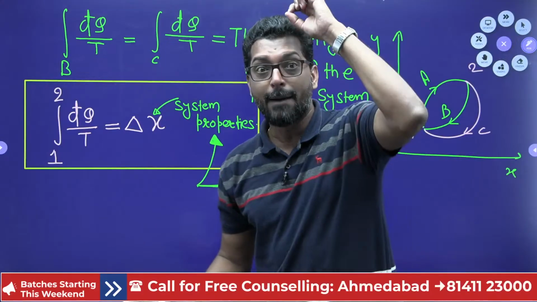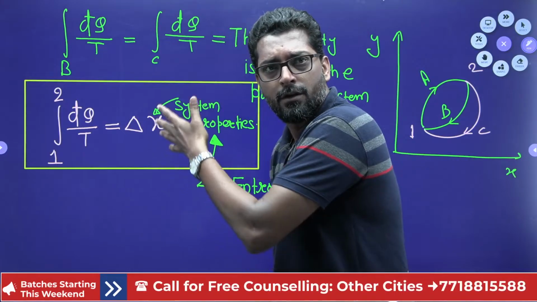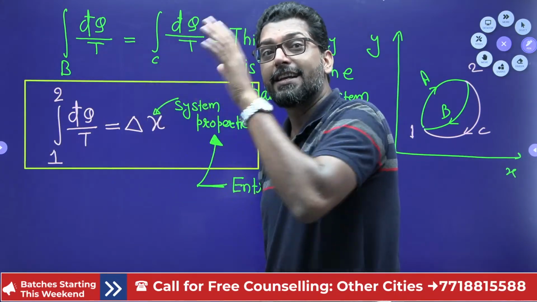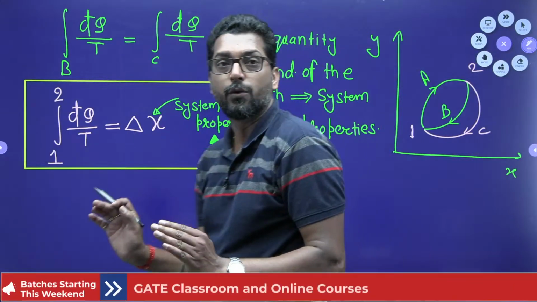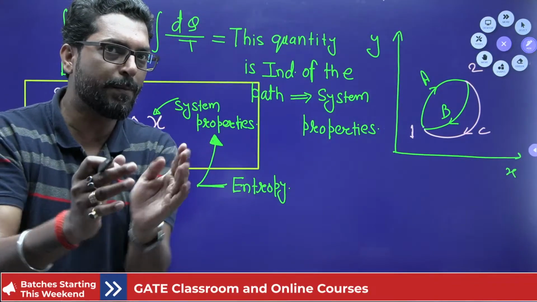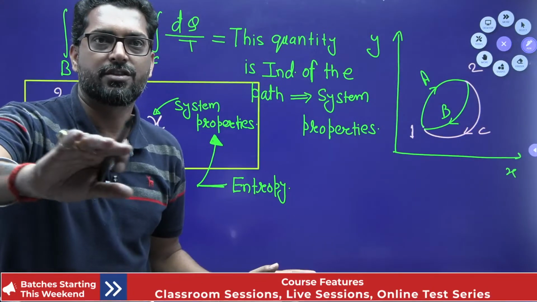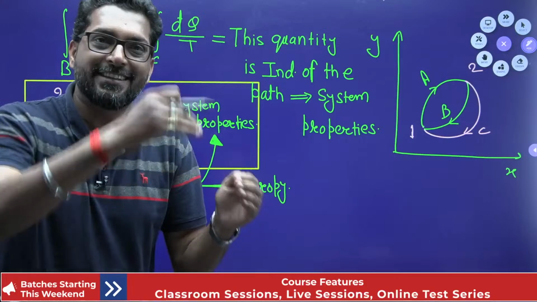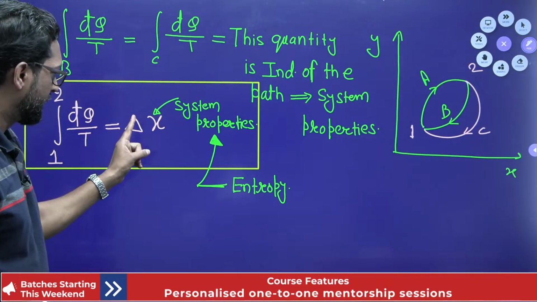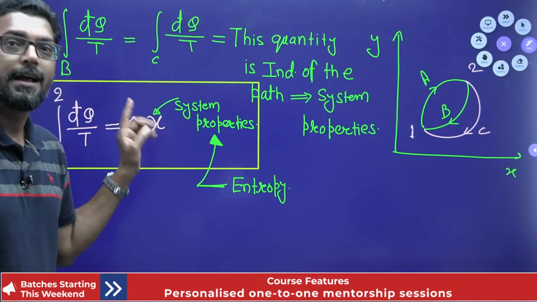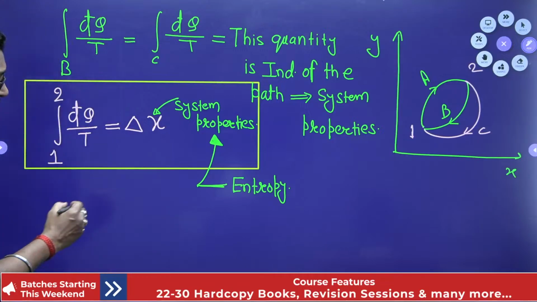I am telling you, there is a very big confusion here. Students say, sir, this is the definition. No, it is not the definition. Definition is another thing. It is just the change in entropy. What is the entropy? Up to that I am not discussing here. But what is the change in entropy? I will discuss that.